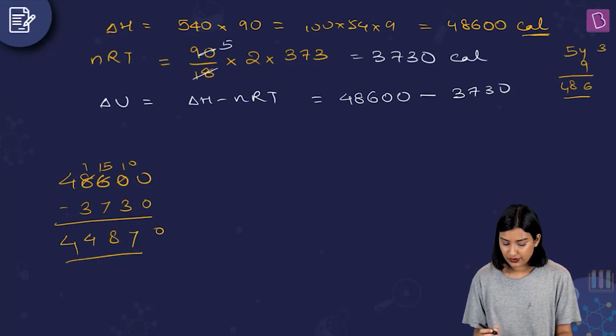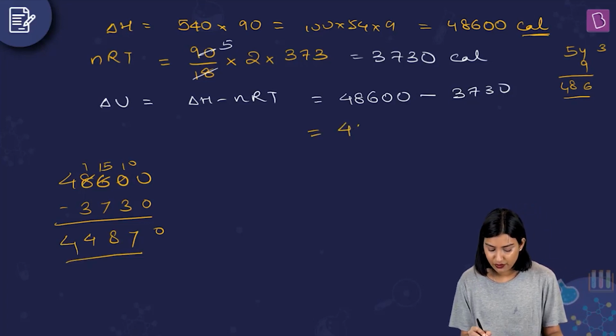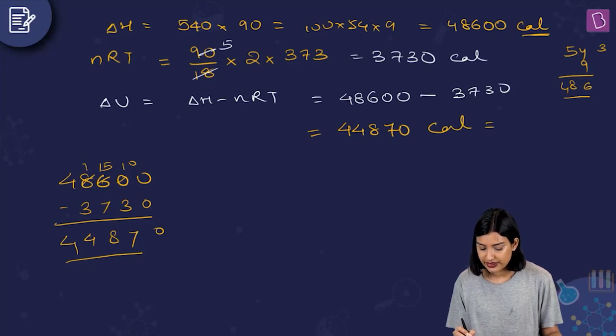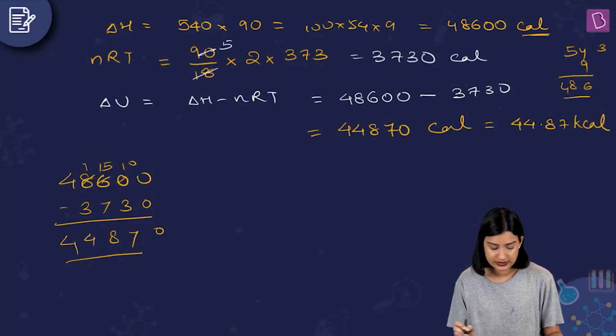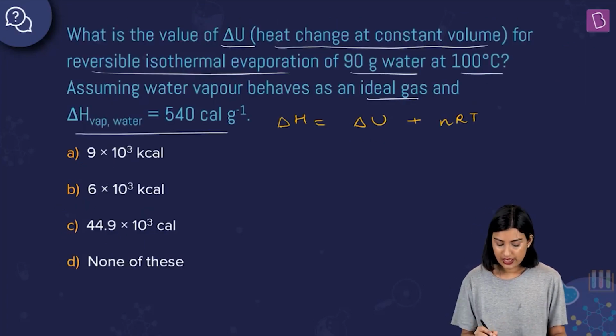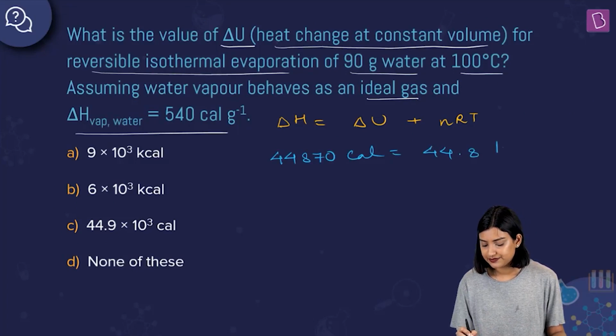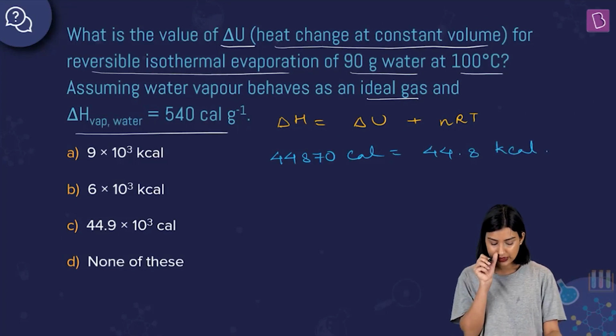So basically you have 44870 calories, which I can also write as 44.87 kilocalories, or approximately 44.8 kilocalories. Correct? Now, look at your options.